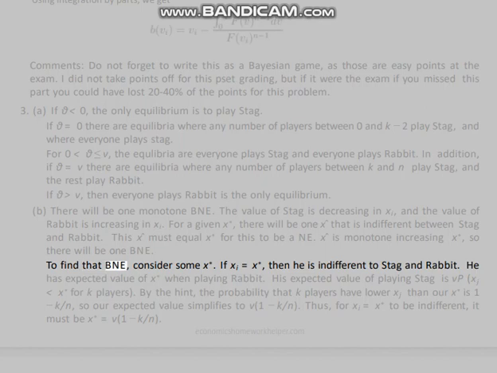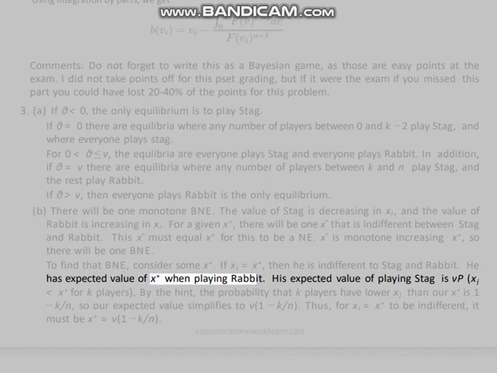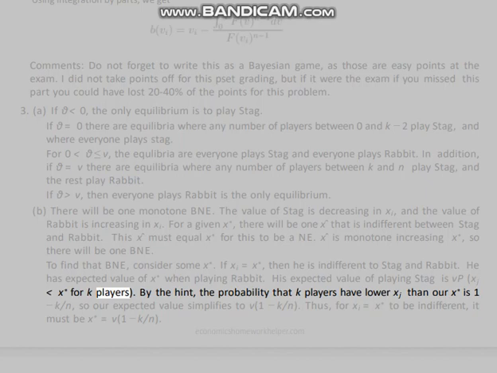To find that BNE, consider some x**. If x_i equals x**, then he is indifferent between stag and rabbit. He has expected value of x** when playing rabbit. His expected value of playing stag is v times the probability that x_j is above x** for k players.